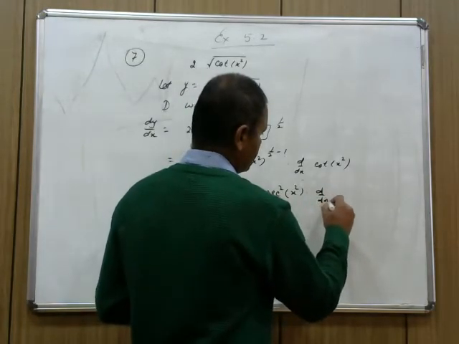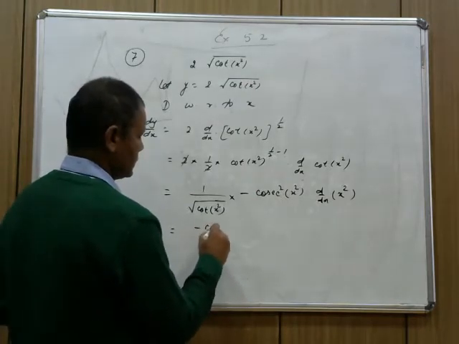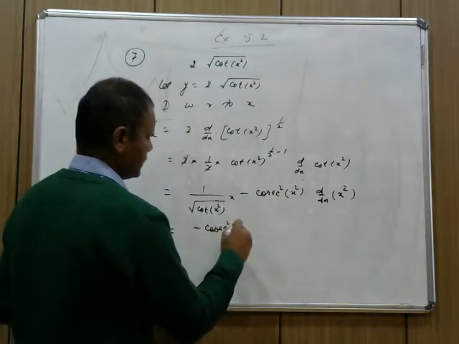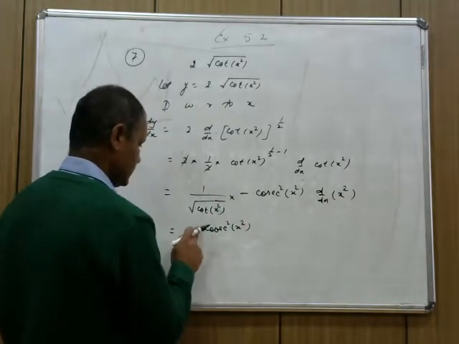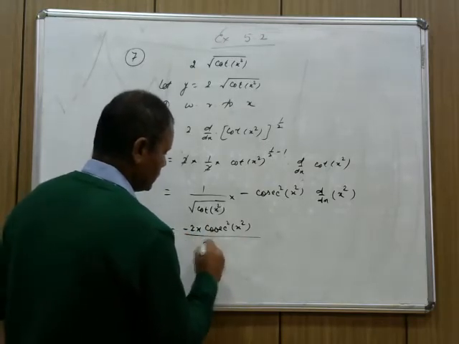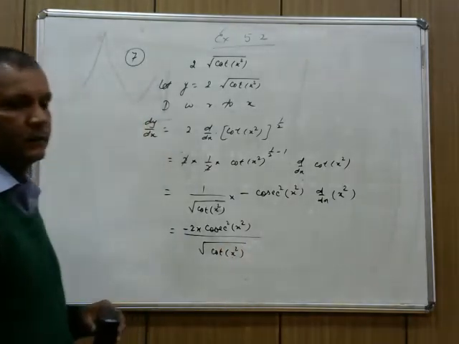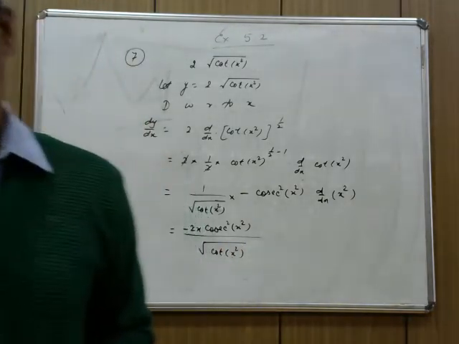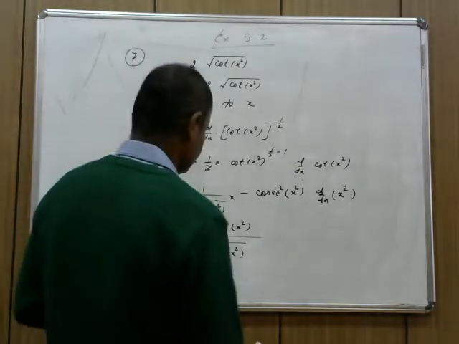Now, can I write minus cosec square x square into differentiation of x square, which is equal to 2x, and write here now minus 2x upon under root cot x square. So now here the answer is minus 2x into cosec square x square whole divided by under root cot x square. We can go further also.